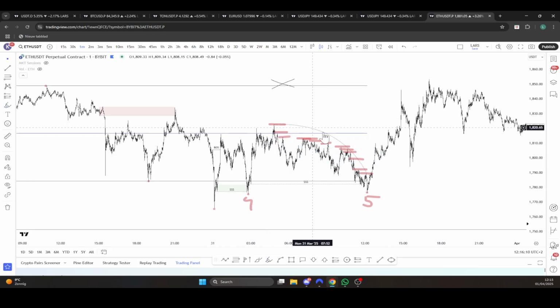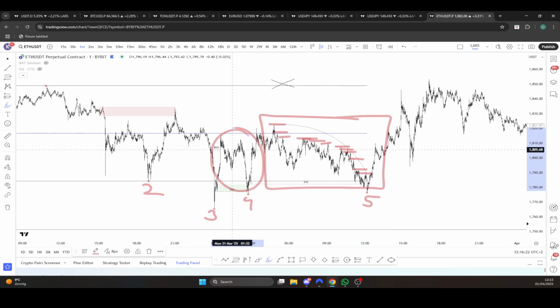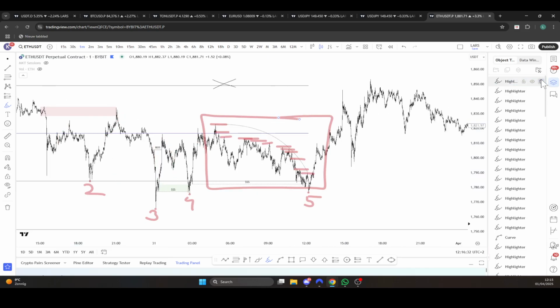If you compare this pullback between the taps versus your 2, your 3, and your 4, look at the difference. Look at this piece of price action in here. Look how you're pulling back. Look how slow. Look how fast it was here. Look how fast it was there. Look how fast it was right there. Fast, fast, fast, slow. This is what you want to see, okay, for the highest probability entries.